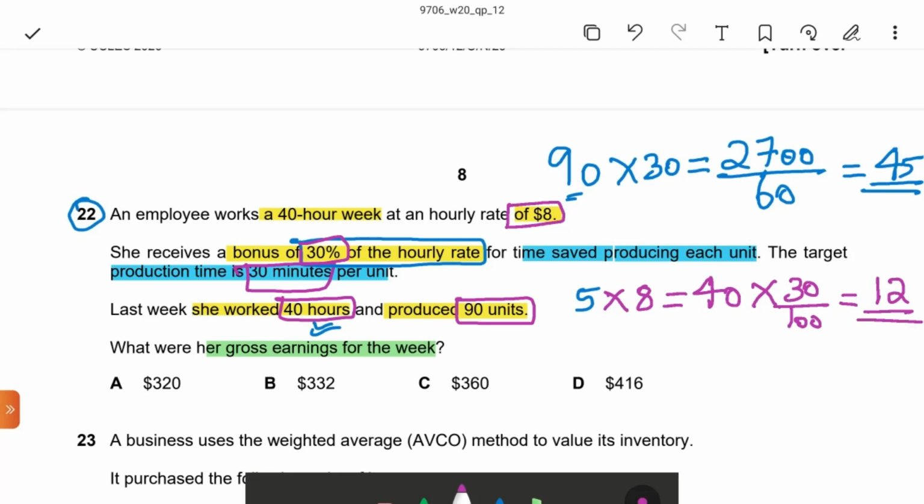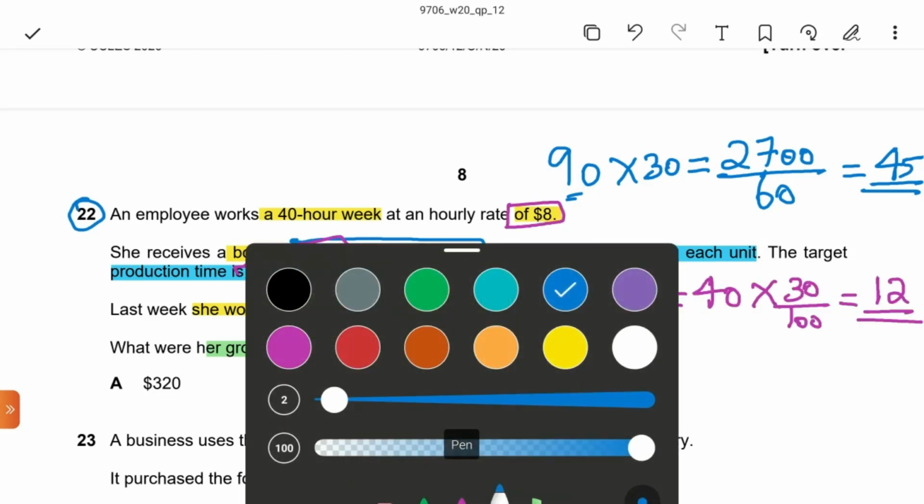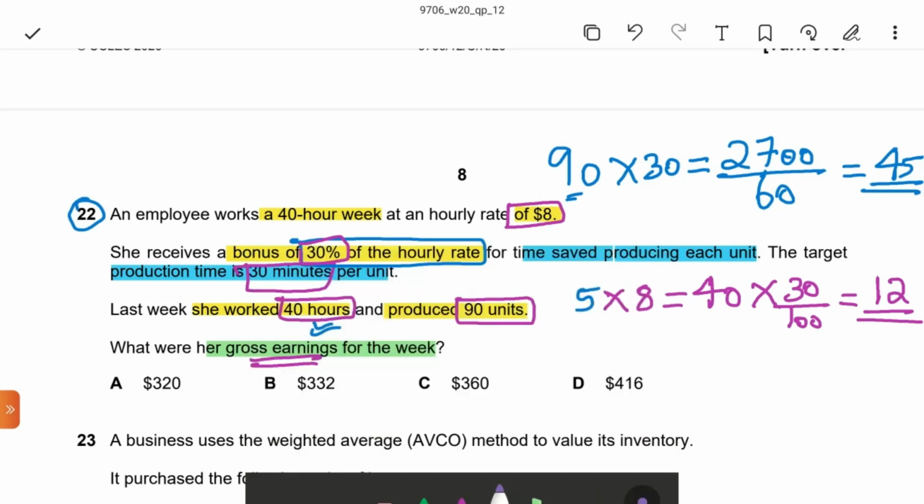So the question is, what were her gross earnings for the week? Extra he will get 12, and the actual amount is how much? 40 hours he worked. So 40 multiply 8 is $320, the hourly payment, plus bonus of 12.